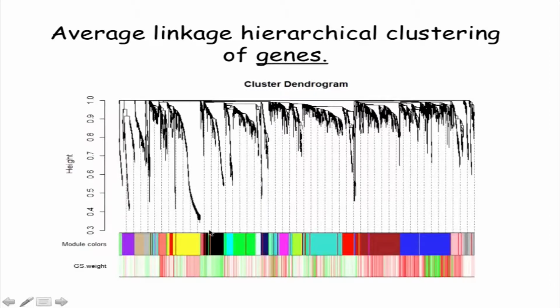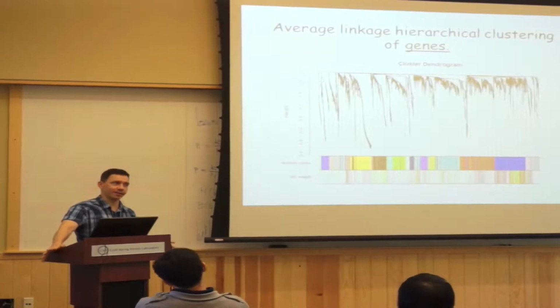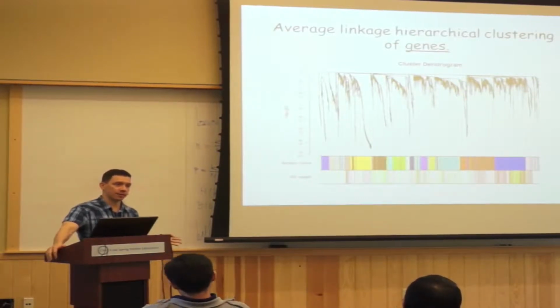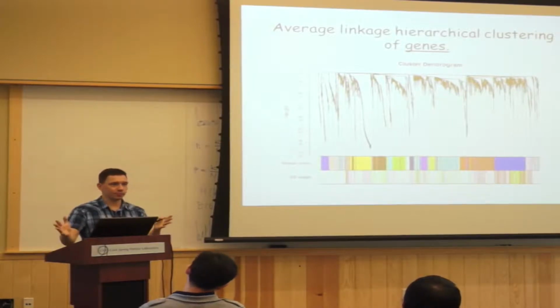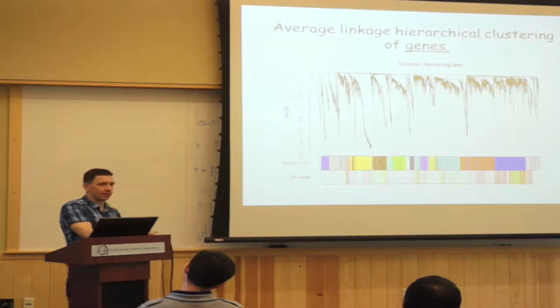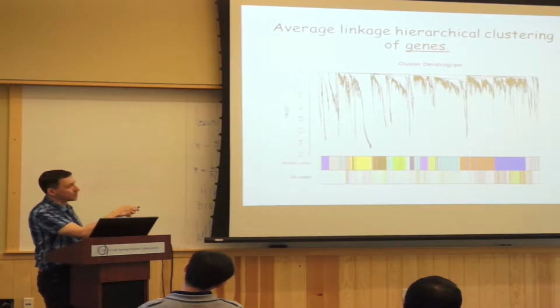It has branches, and each branch corresponds to a cluster, right? Remember, hierarchical clustering is a clustering procedure, meaning you get clusters. However, hierarchical clustering first results in a tree. So how do you take a tree and turn it into clusters? Well, you do that by cutting branches.